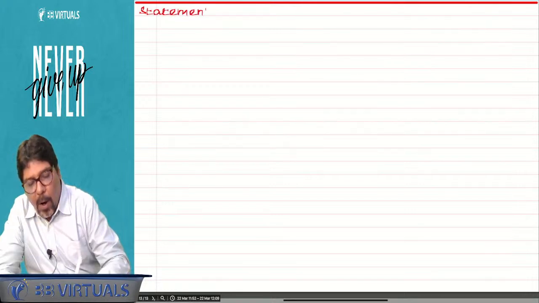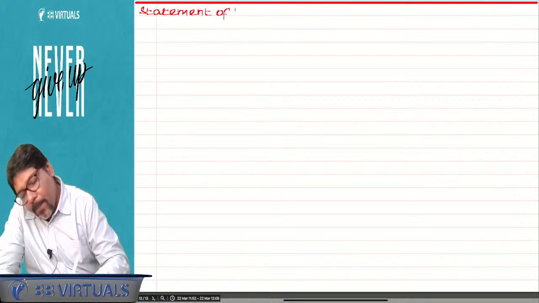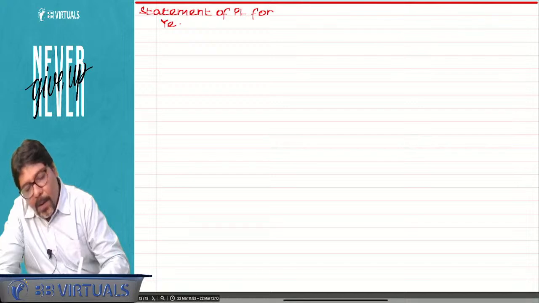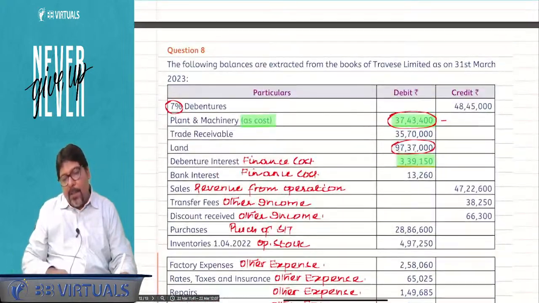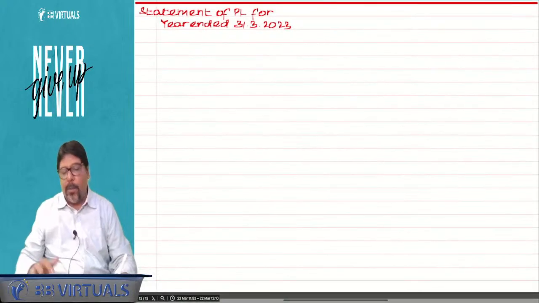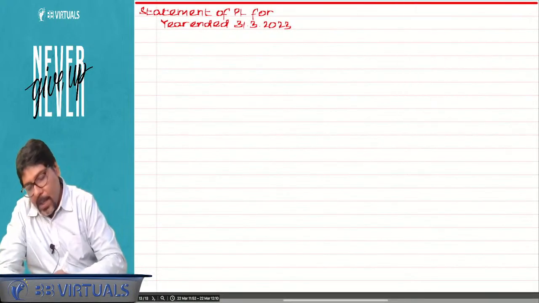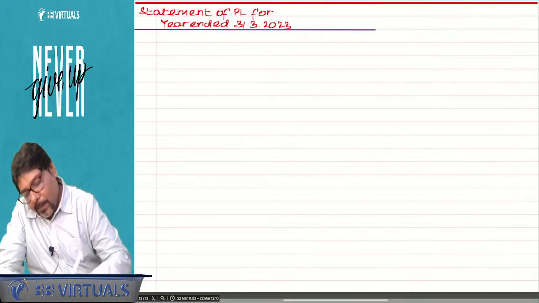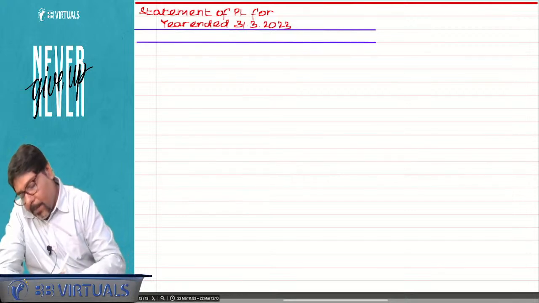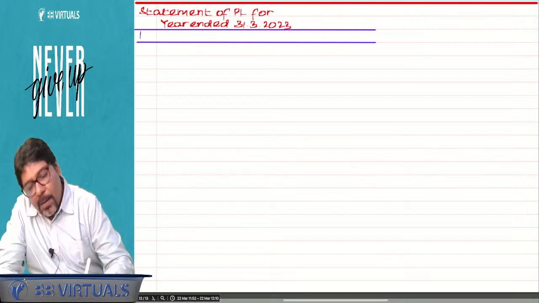Statement of P&L for the year ended 31st of March 2023, with the previous year column 31st of March 2023. Particulars.